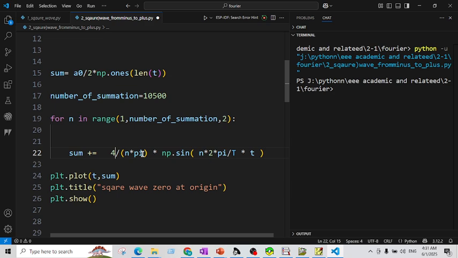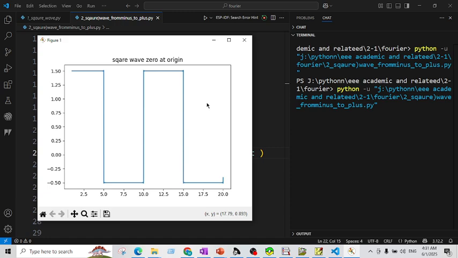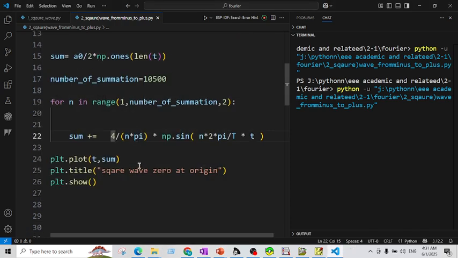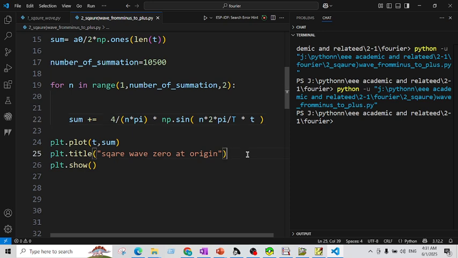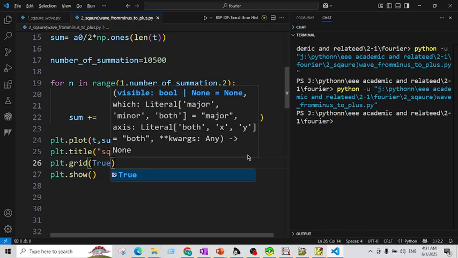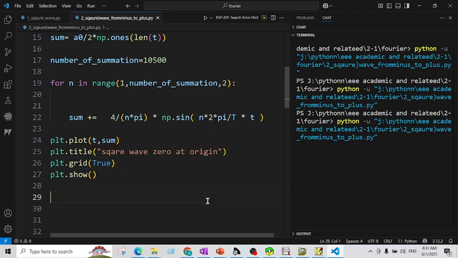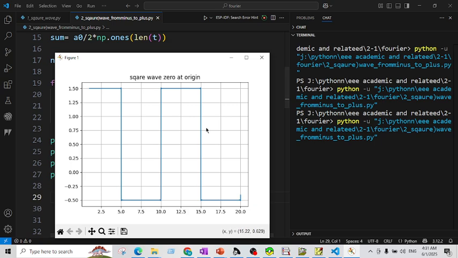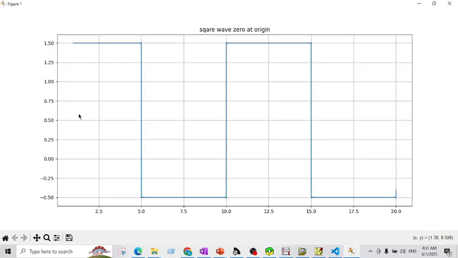Let's see what happens. Let me do another thing, let's plt dot grid true, so we are checking whether our answer is right or wrong.